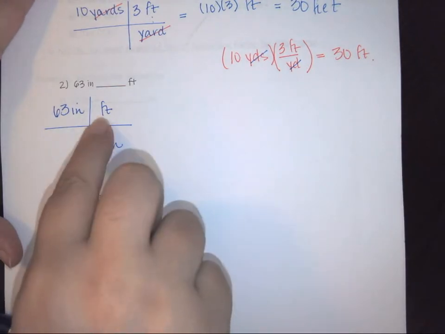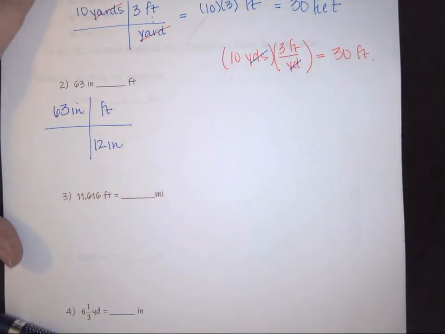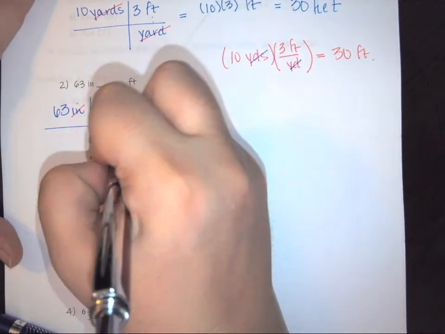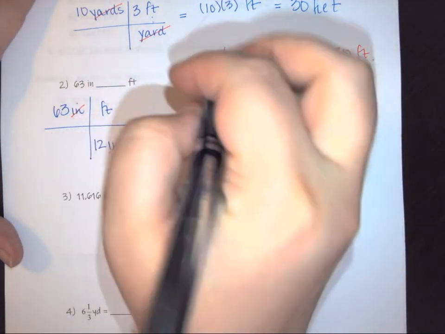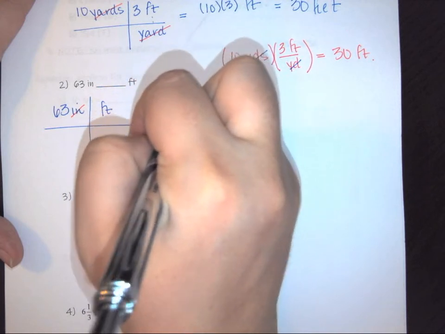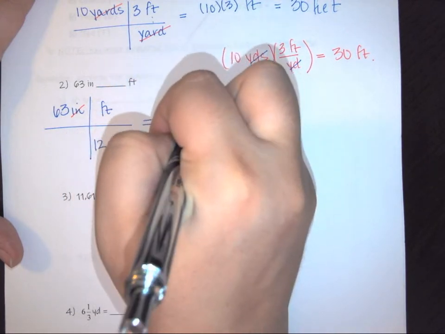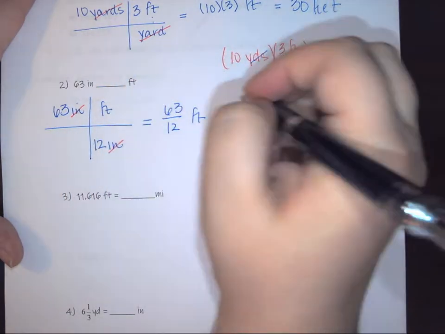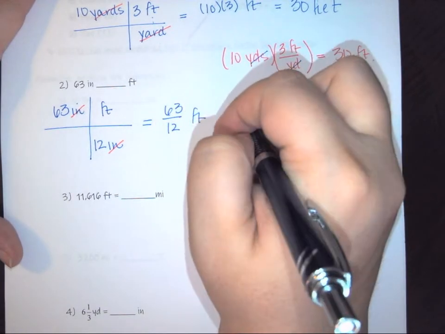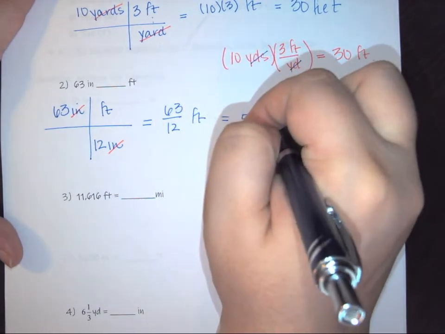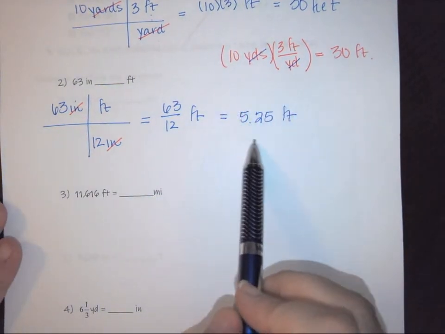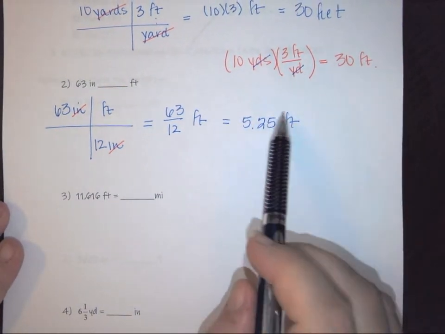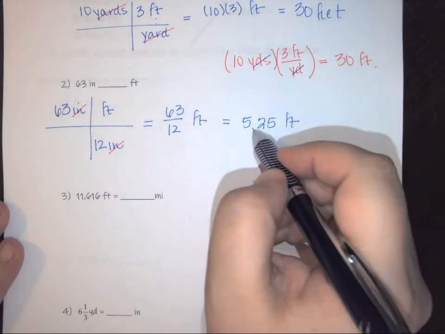Since I now have my feet on top, which is what I wanted, you can see my inches will cancel since they're diagonal top to bottom. So going straight across, this is going to give me 63 over 12 feet, which is going to be the same as 5.25 feet.